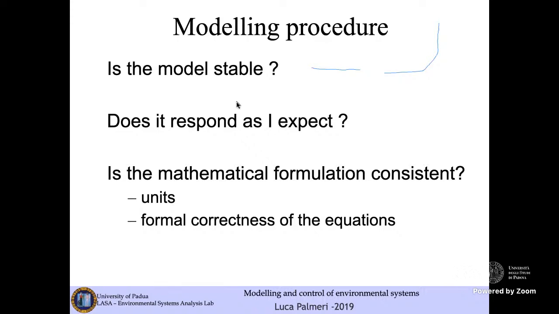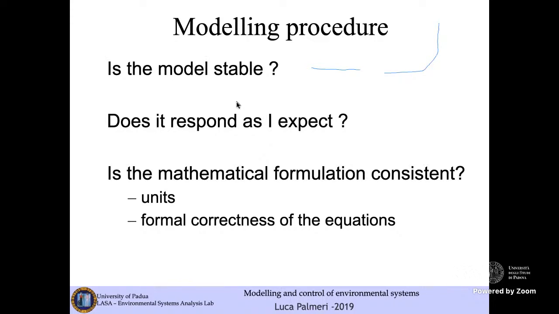Like the example I gave you before of dissolved oxygen concentration, I am expecting that the model should respond to variation of a control function, like, for example, the temperature, with an appropriate variation of the state variables that depend strongly on this control variable.